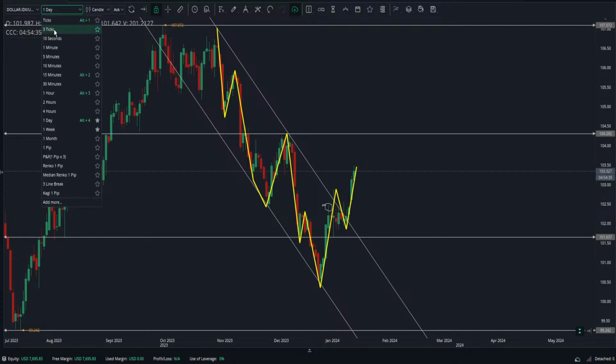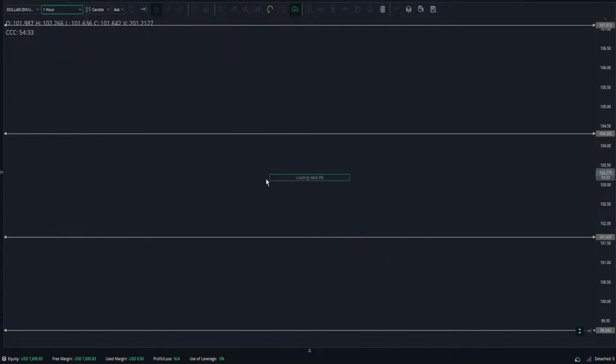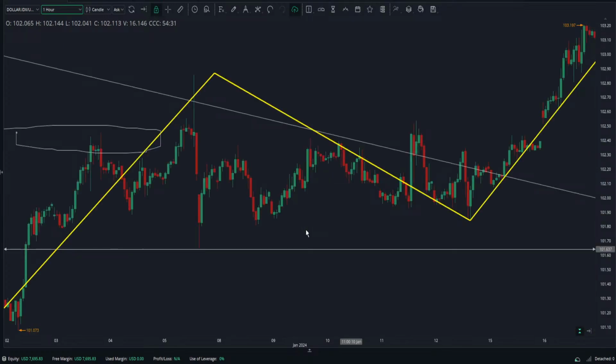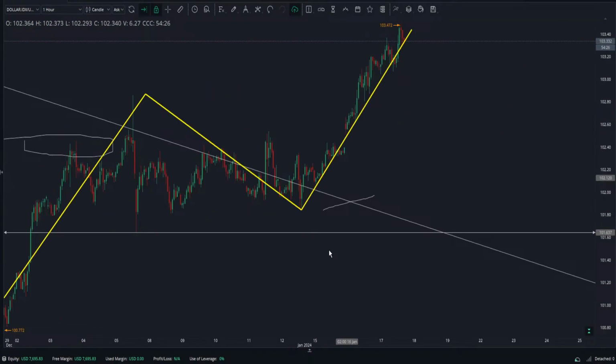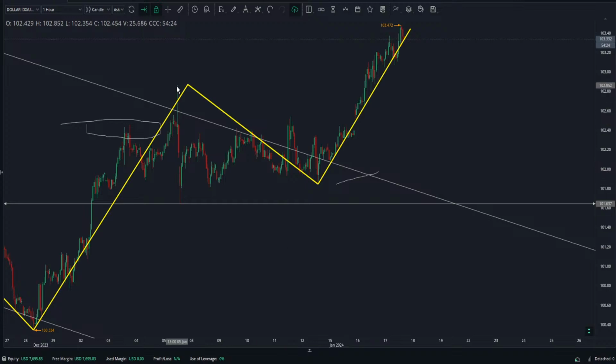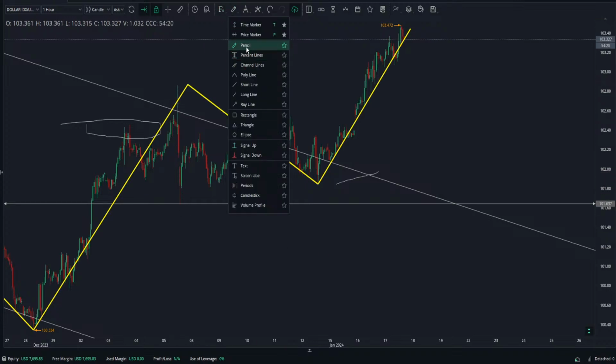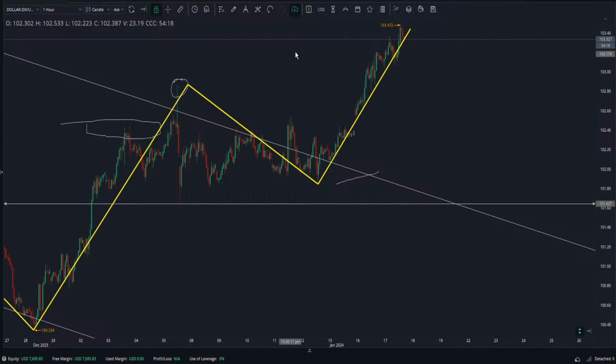We have seen it before, but I will show you again on the 1 hour that after making this high, this low was made. So between these two highs, this is the lowest low that the price has made.